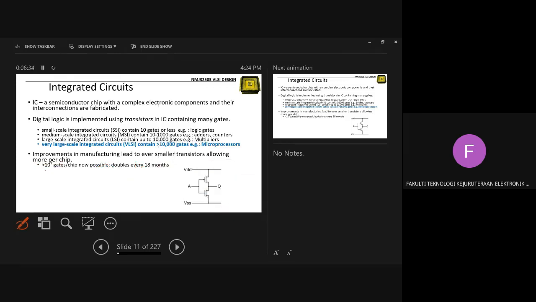So 10 to the power of 7 gates per chip is now possible because the size is halved every 18 months. This is actually Moore's law. I think most of you have heard about it.